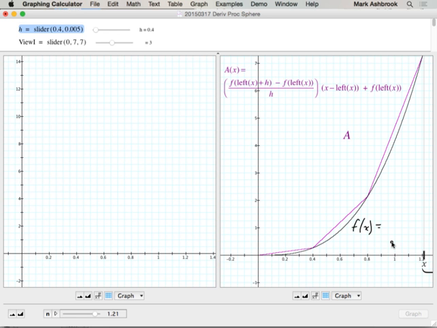Volume of a sphere, right? So you have the function f. You know what your left will be. You'll have 0, 0.4, 0.8. So we want to sketch the approximate.